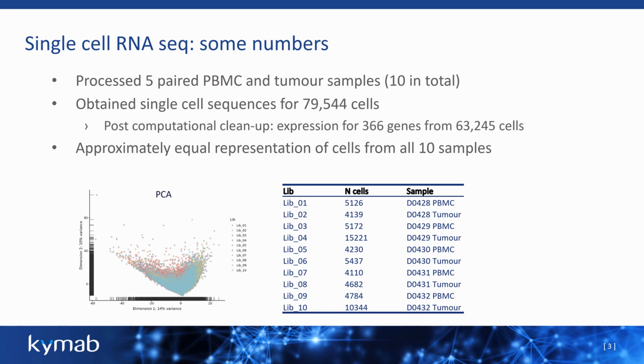Then we pulled out the beads, generated the libraries, sequenced the libraries, and then we used the computational workflow that is captured in the Seven Bridges platform, but we also used our more bespoke computational pipelines to tidy the data up and for data visualization.